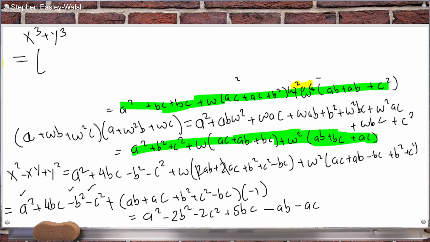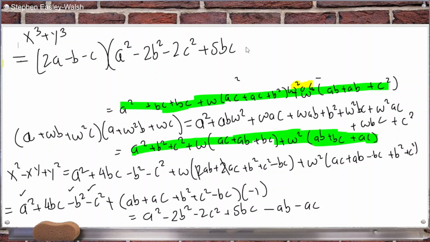So let me just grab that again. That's 2a minus b minus c times a squared minus 2b squared minus 2c squared plus 5bc minus ab minus ac. Right.